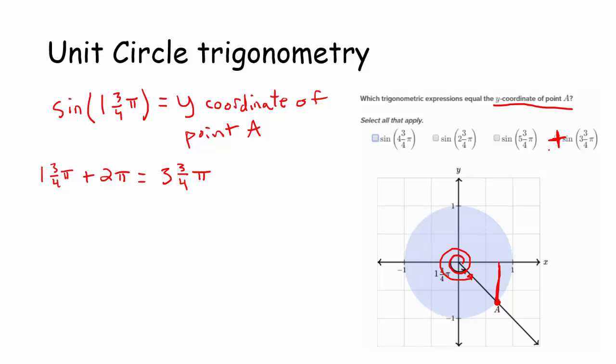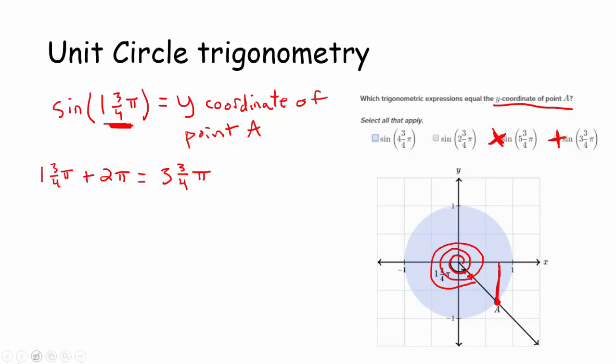Then I could apply the same logic. I could go around 2 pi again, and I would land at 5 3/4 pi. So both of those angles, 5 3/4 pi and 3 3/4 pi, are coterminal with 1 3/4 pi.